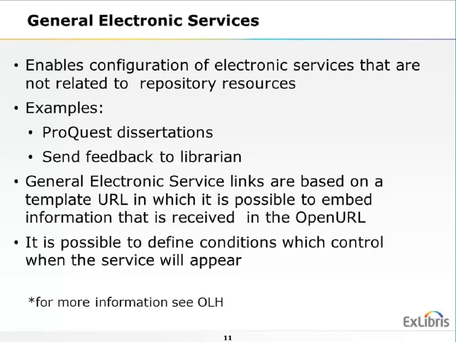But sometimes, even if we don't have something available, we want to provide services. For example, let's say I don't have a book available, not in print, not in an electronic version. I want to direct the user to search for this specific book in Amazon. Okay, so I can do that.